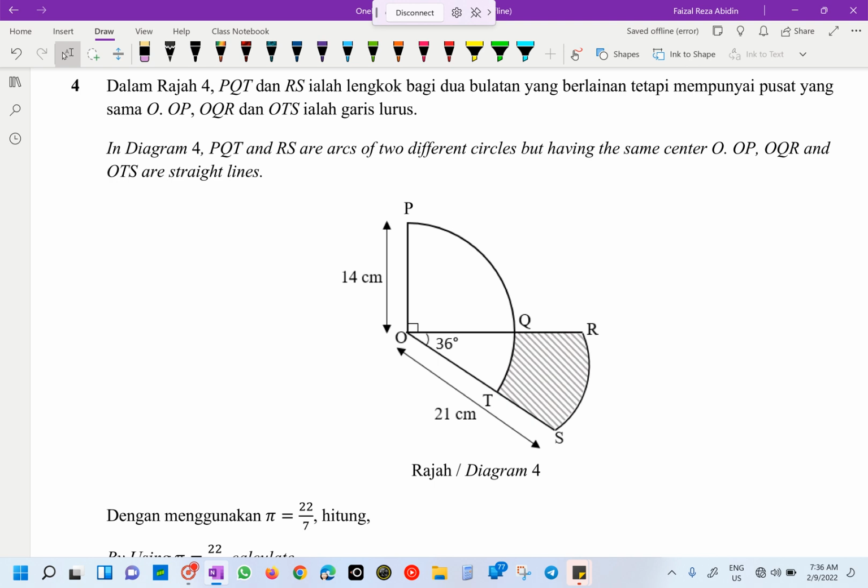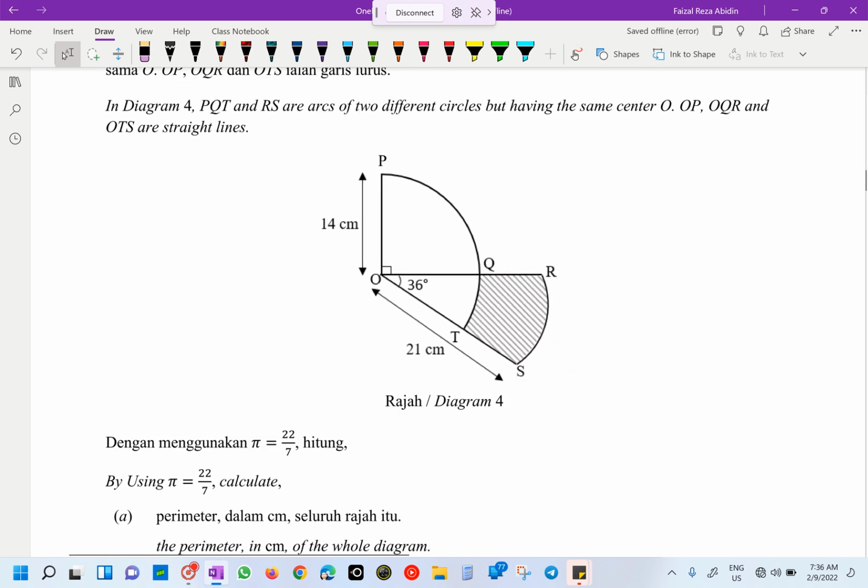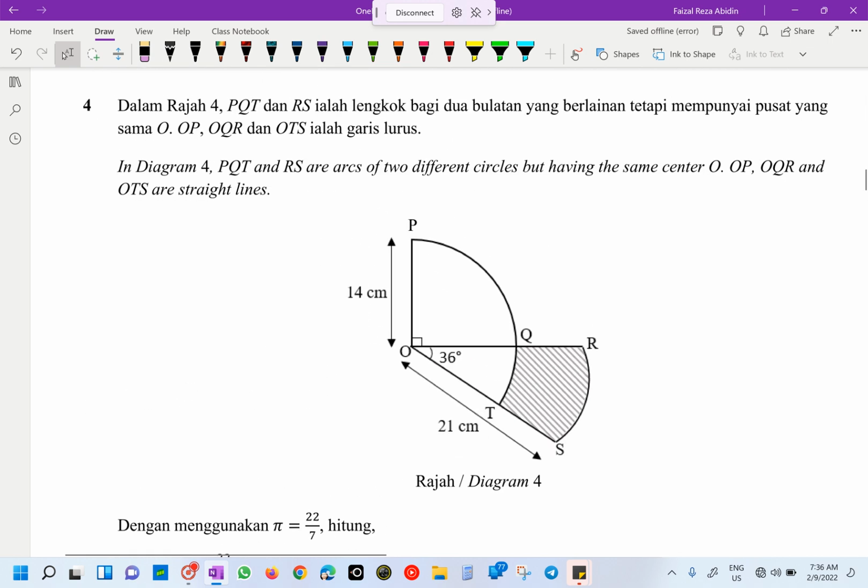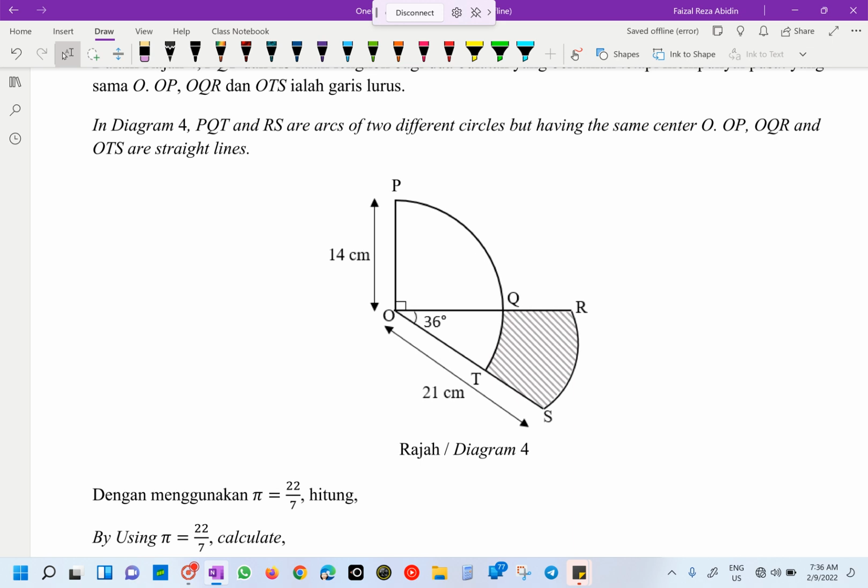You just look at formula number 5 and number 6 there. Arc length over 2 pi r equals theta over 360 degrees. That's for part A, to find the perimeter. Okay, to find the area, formula number 6 there.